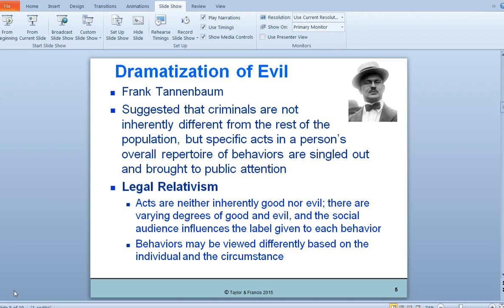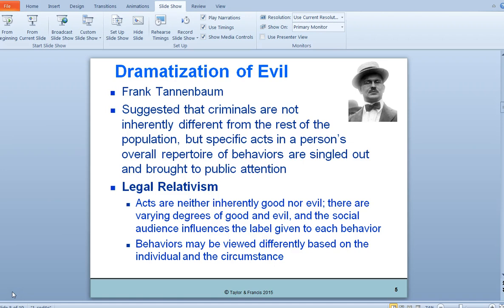So again, it's after the actions. He termed this process of reacting to illegal behavior as the dramatization of evil. He also connected this to what he called legal relativism, which is that behavior is not inherently good or evil, but that there are varying degrees of good and evil.